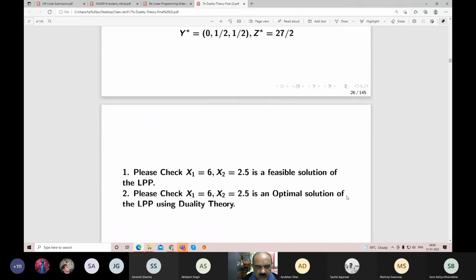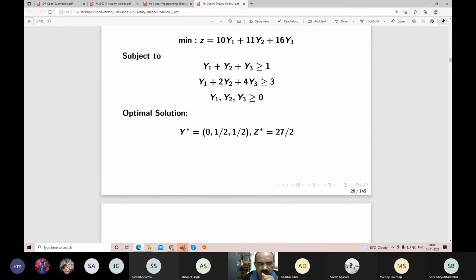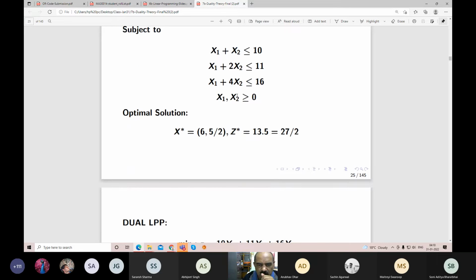Now the next question. Please check that x1 equal to 6, x2 equal to 2.5 is a feasible solution. Please check again that it is an optimal solution using duality theory. I am adding one more point in this problem: x1 equal to 0, x2 equal to 4.